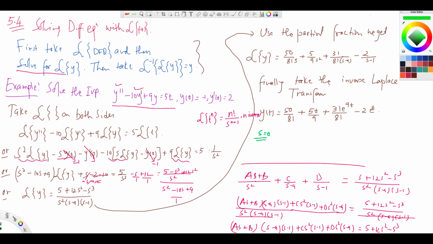This will go to 0, this will go to 0, so you'll get b times negative 9 times negative 1, which is 9b, equals, on the right side, 5. So the first term will give you 9b equals 5. So what is b? b is basically 5 over 9. You see that? So this b will be 5 over 9.